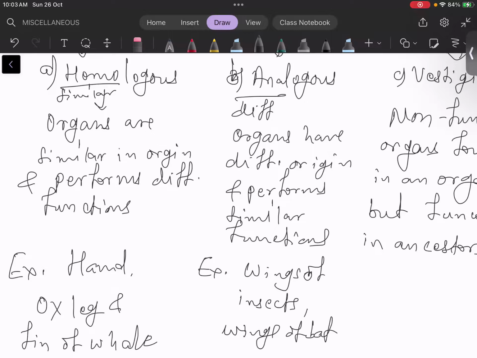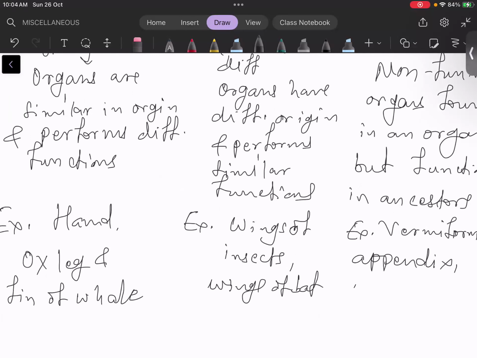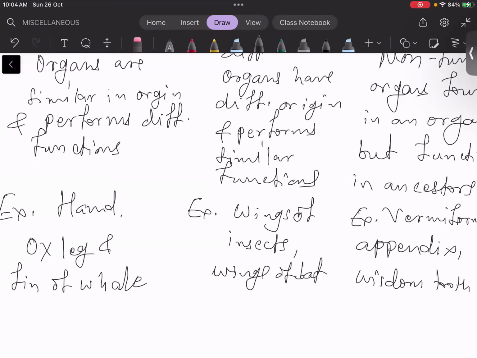The next, vestigial organs, include vermiform appendix, wisdom tooth, ear muscles, etc.